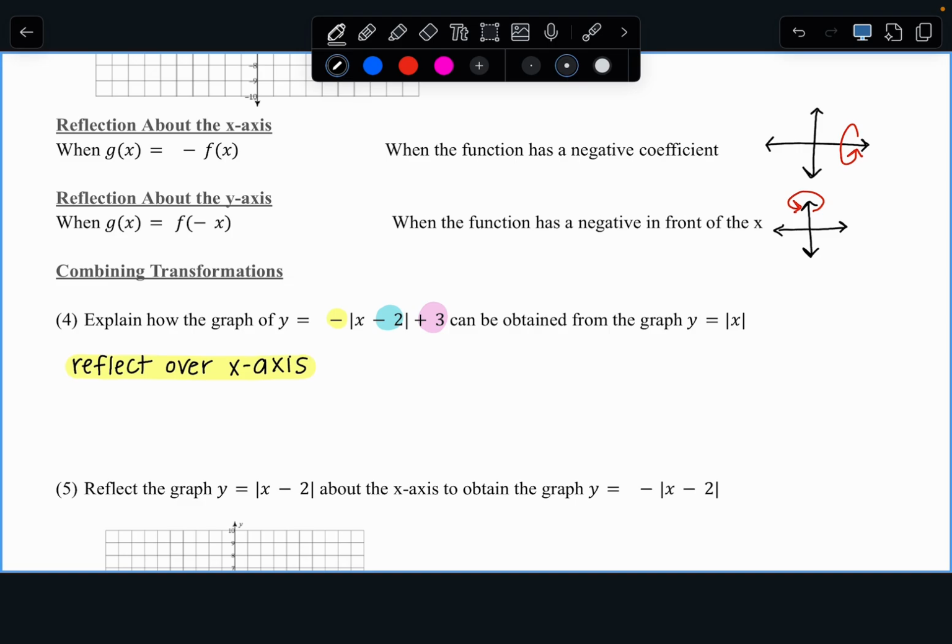This means instead of being a function that looks like this, this flips it down. That reflects it down over your x-axis.